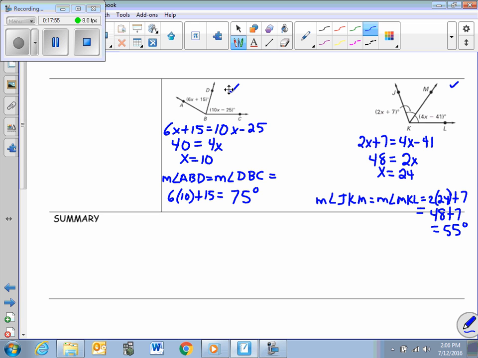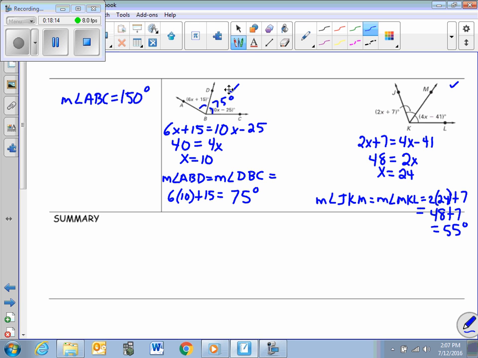And so in the first case, I get that the measure of each of these angles is 75 degrees. And that would make the measure of angle ABC, what, 75 times 2, which is 150 degrees.